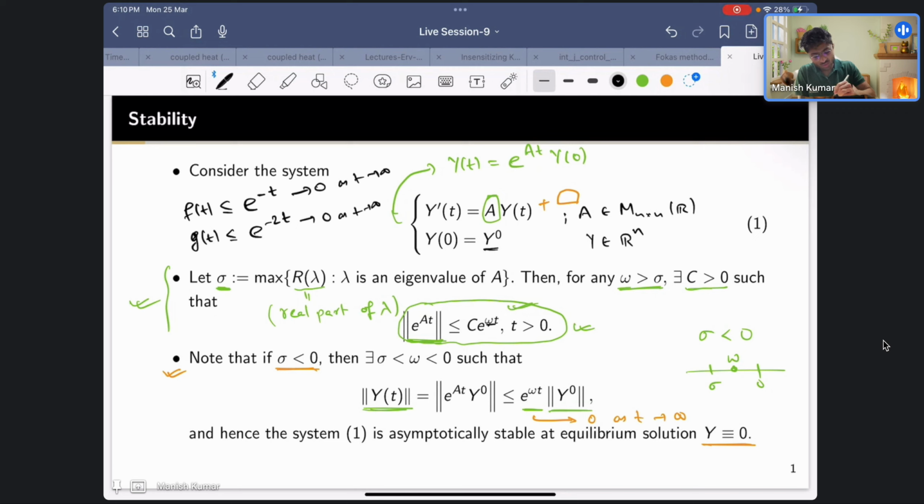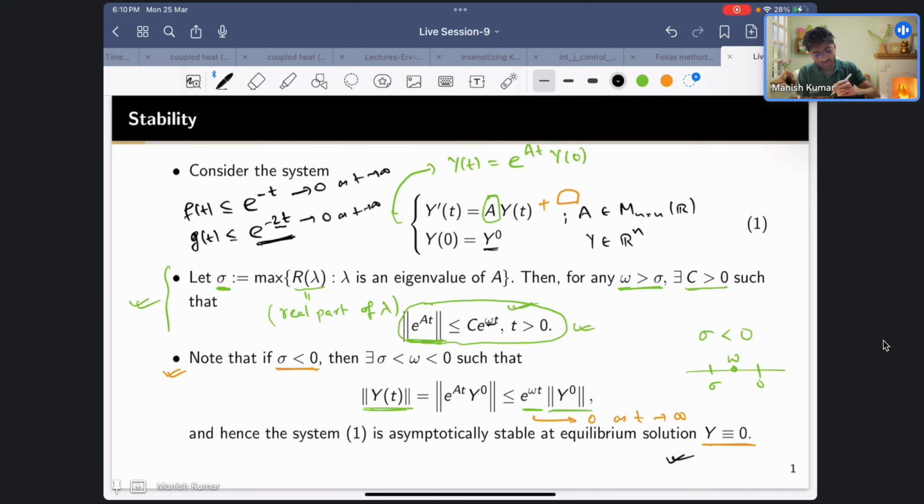The point is this one goes faster, right? So the higher the power you get, the better the decay rate, meaning it is decaying faster. So the solution is converging to the equilibrium point faster in this particular scenario.